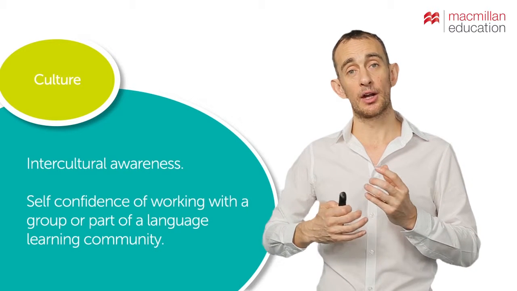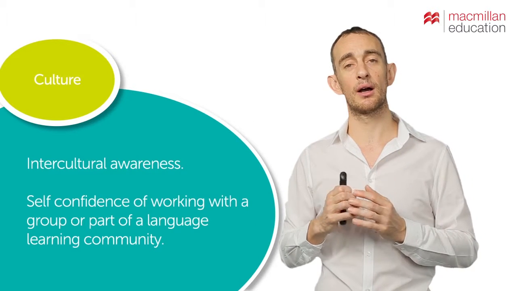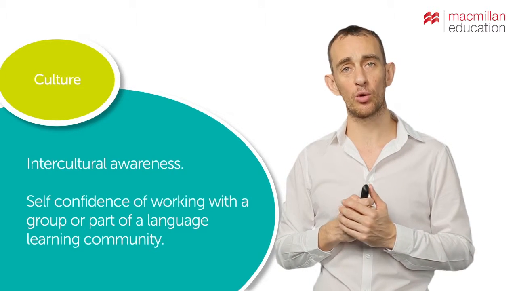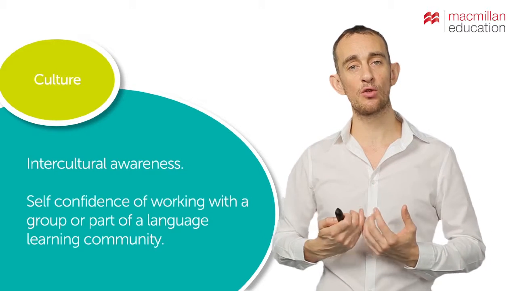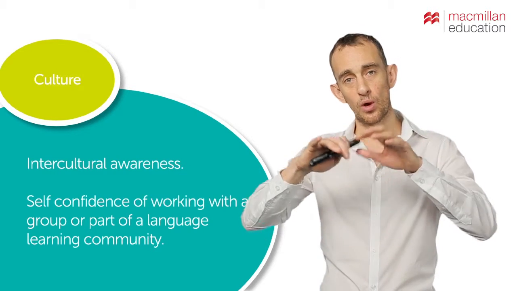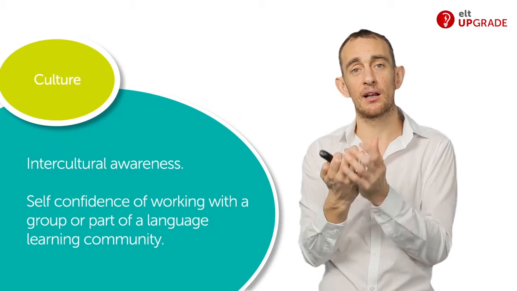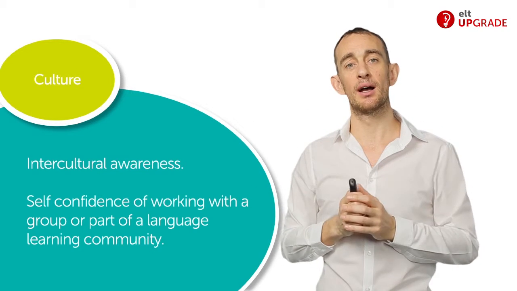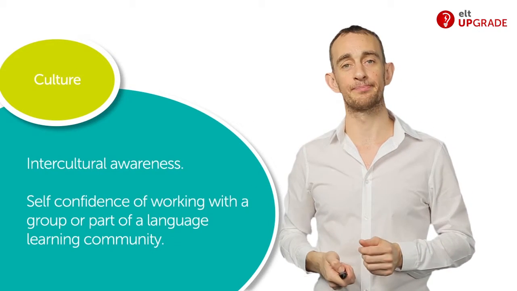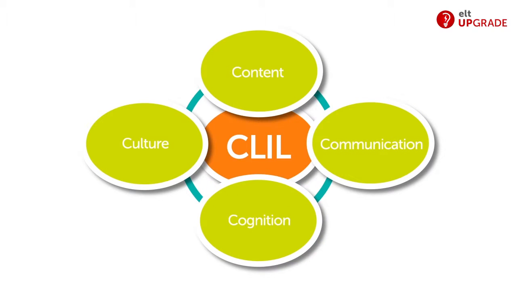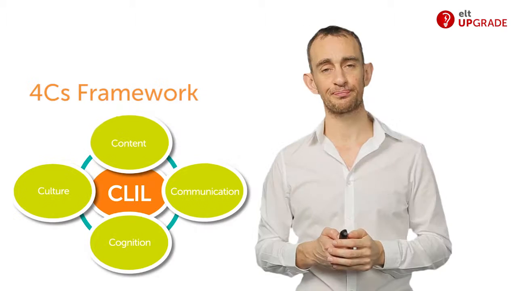It can be a greater intercultural awareness, learning more about the world, different countries and cultures, but also building the self-confidence of students to work within a language learning community, working with groups in a classroom, again in a language learning community or culture. And today we're going to have a look at how we can integrate all those different 4Cs of that framework effectively into a step-by-step process.